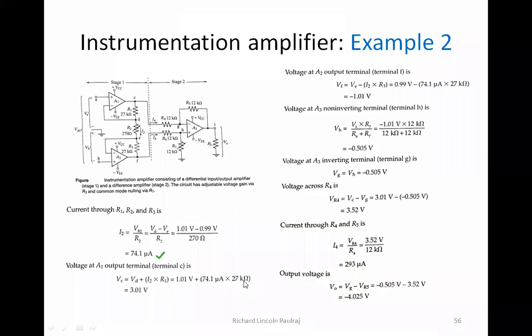So you can first multiply what is in the bracket, 74.1 micro into 27K. So you will be getting about 2.007, and you can add it with 1.01, right?